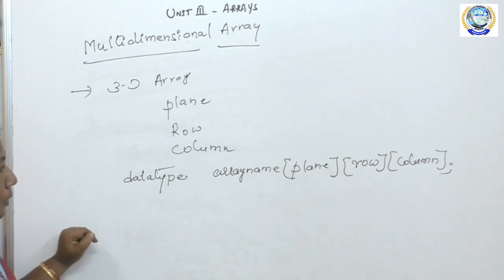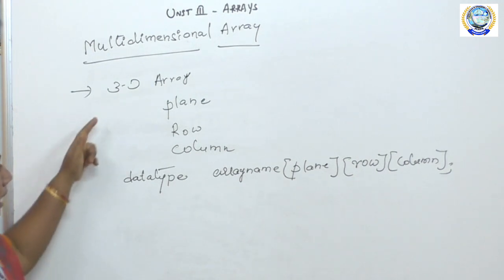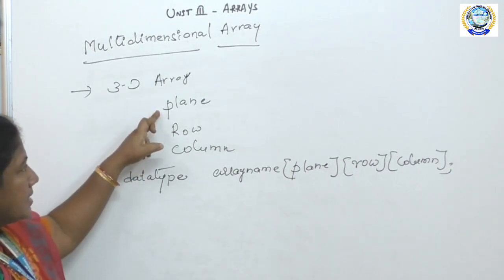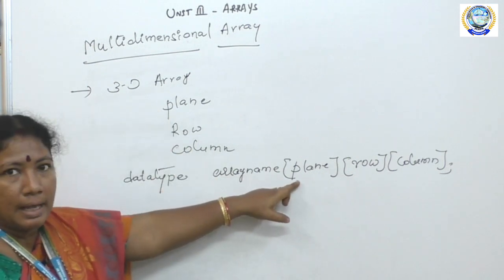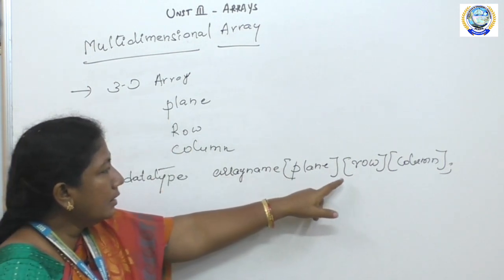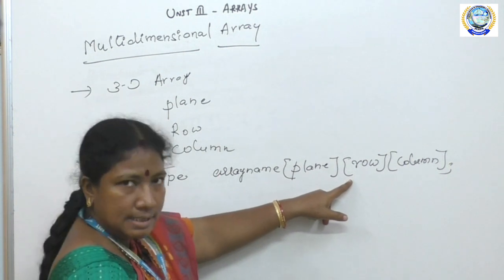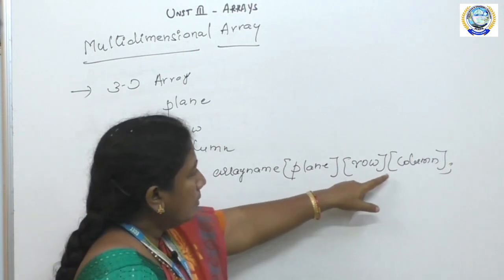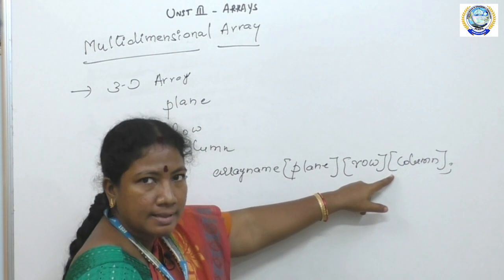I already told you that in this three-dimensional array, the first dimension specifies the plane, the second dimension specifies the row size, and the third dimension specifies the column size.